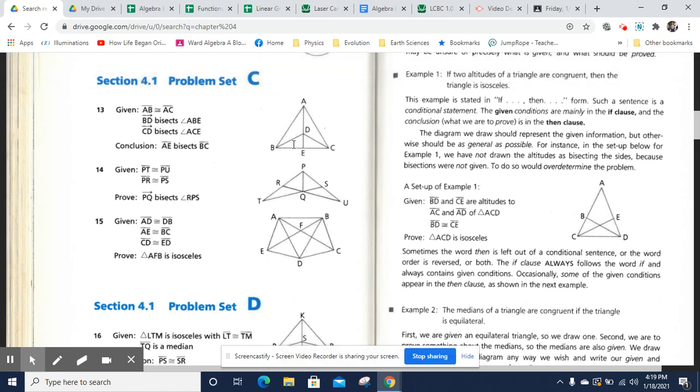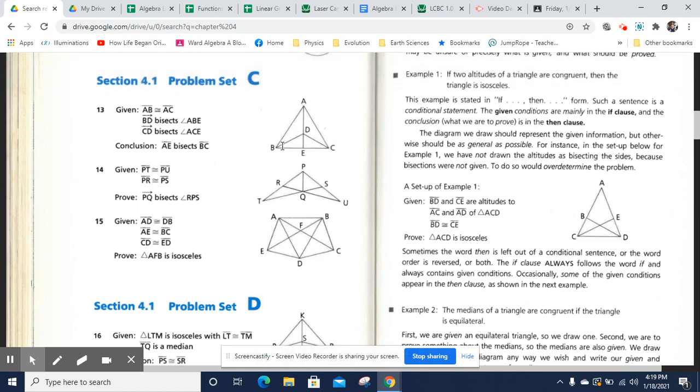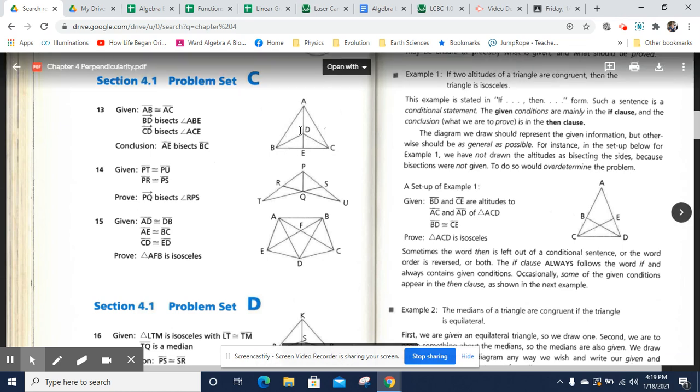To prove that these two bottom triangles are congruent, we now need to prove that these two sort of paper airplane wing triangles are congruent. And we can do that because we already know AB and AC are congruent. We can prove that BD and CD are congruent because this is an isosceles triangle, and AD is just congruent to itself. So side, side, side gets us that.